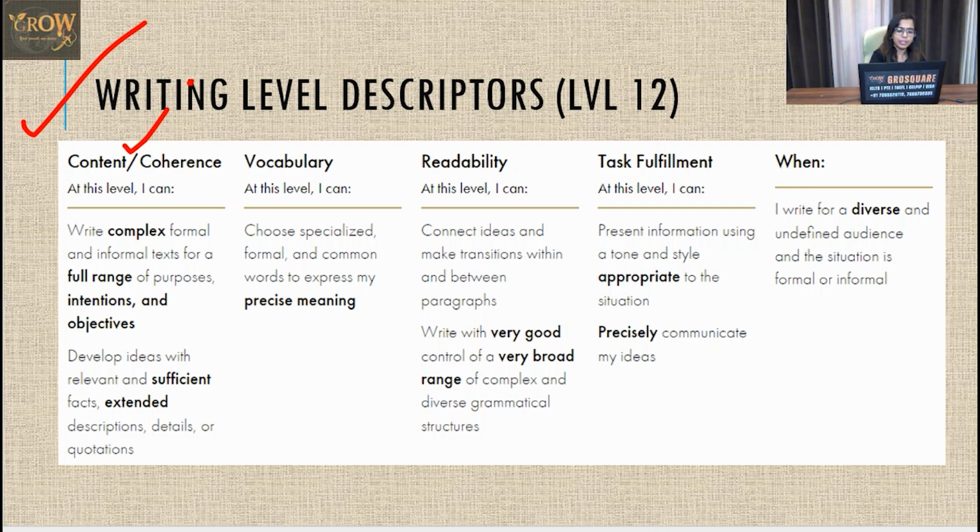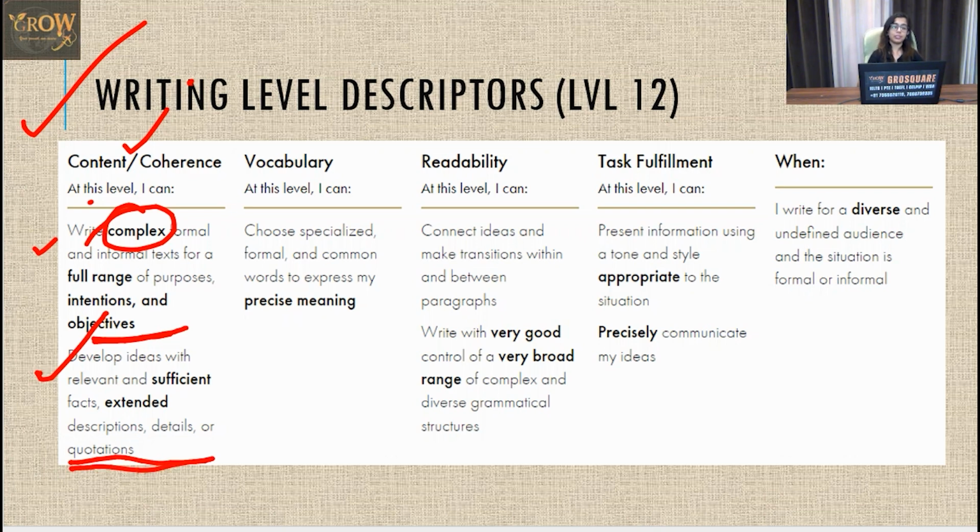They are saying that write complex formal and informal text for a full range of purposes, intentions and objectives. That means we should be using complex, formal and informal conversation. Then develop ideas with relevant and sufficient facts, extended descriptions, details or quotations. Yes, this is very important.